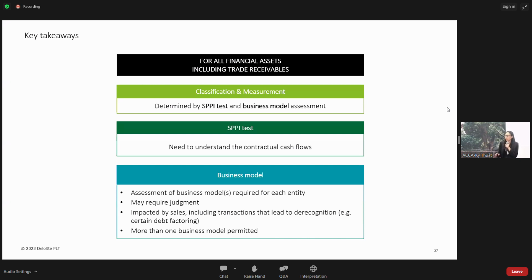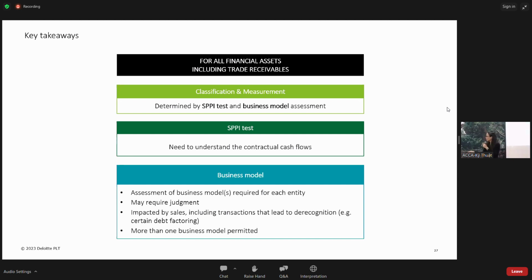These are where the business model, you at least need to have one documented in your policy. Okay, then it may require judgment because the economy is fluid, right? So the way we run our business is based on things that may change in the economy. So whether or not you expect to do this in the long term or temporarily, it may affect your business model test.